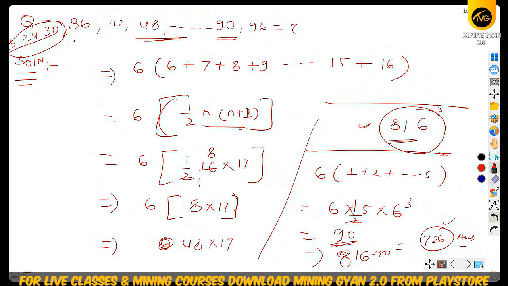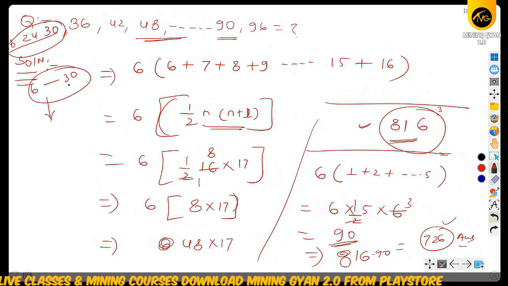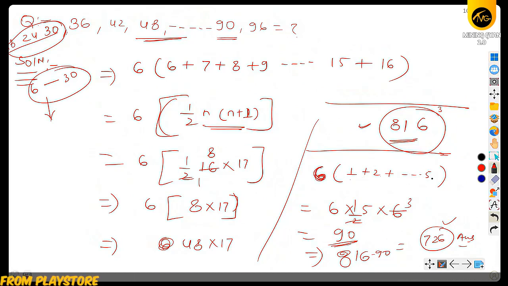Now we have the remaining portion, which starts from 6 to 30. This is again the table of 6. So you can take out the common 6, and we have the series 1 to 5, since 6 into 5 is 30, which is the highest number in this portion.